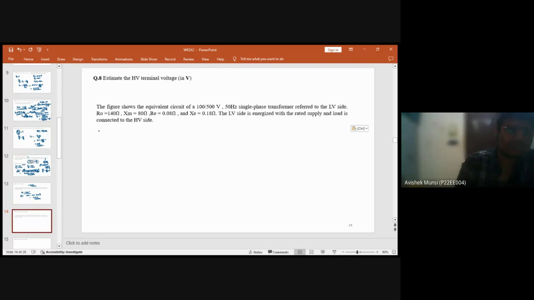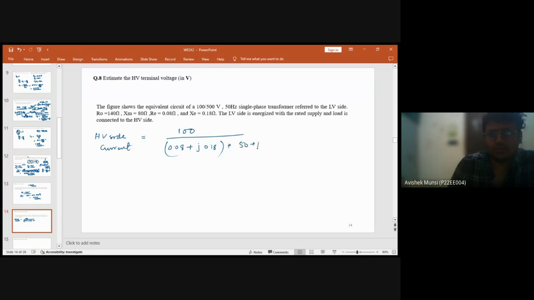So here, first you have to calculate the HV side current. To calculate the HV side current, we have 0.08 plus 0.18, right? And whenever you're transferring it to the HV side, we have the load.